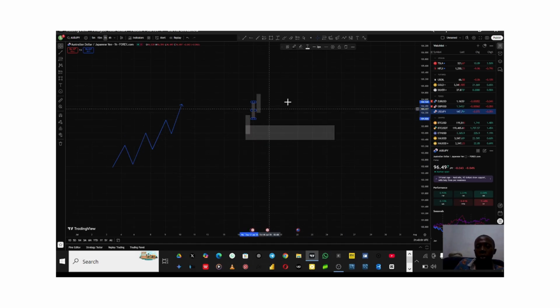And there must be an impulsive move, a break of the previous low, so you can just use your BOS. Break of structure is also here, and here, and here.